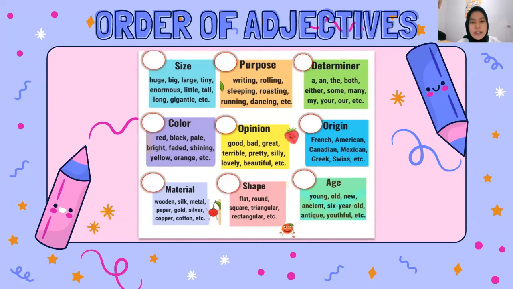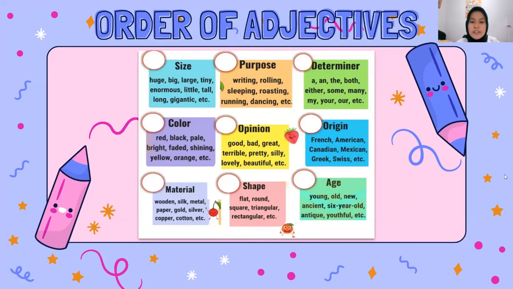In writing adjectives, we need an arrangement, or you can say the order of adjectives. Size, such as huge, big, large, tiny. Purpose, such as writing, rolling, slitting. Determiner, such as a, an, the, both. Color, such as red, black, pale, bright. Opinion, such as good, bad, great, terrible.